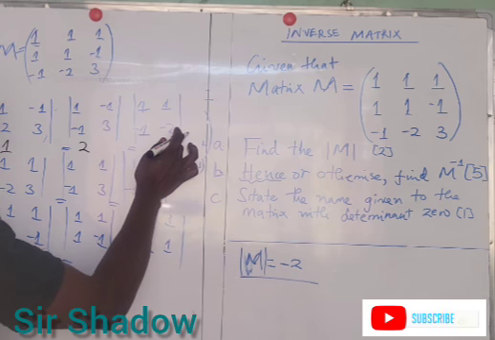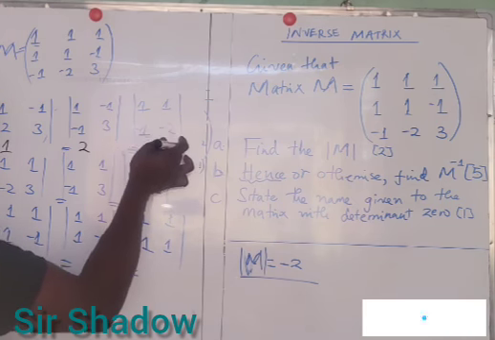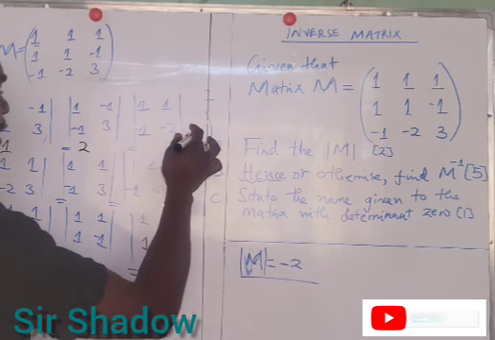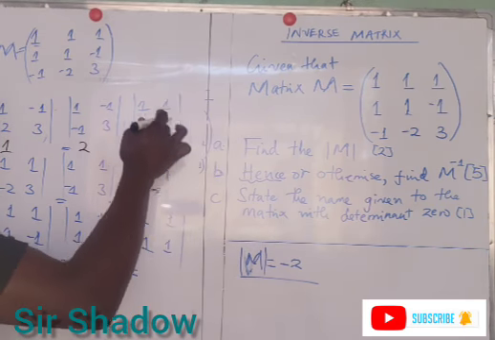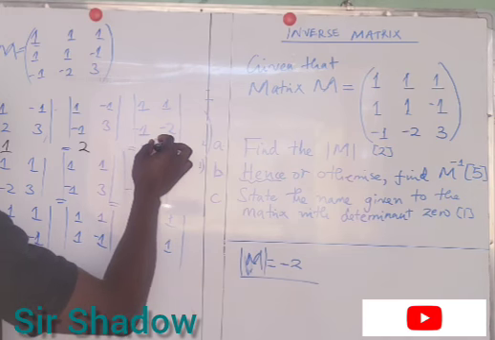Then 1 times negative 1 is a negative, and 1 times negative 2 is negative 2. Negative 2 minus 1 is negative 1.